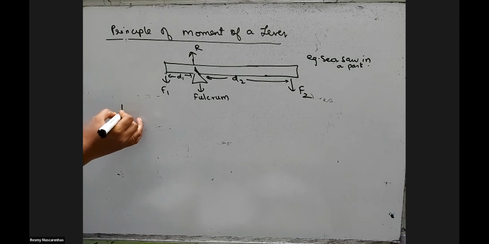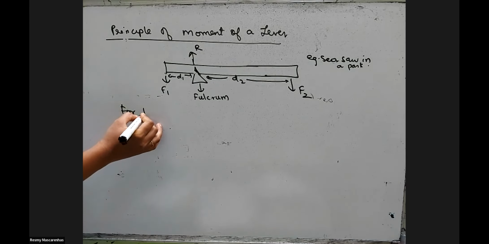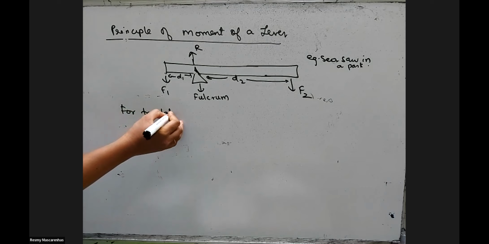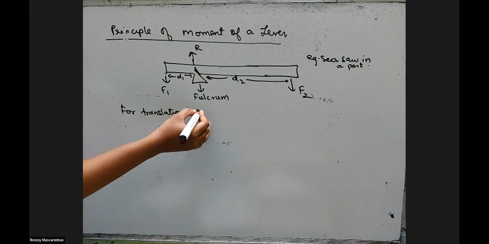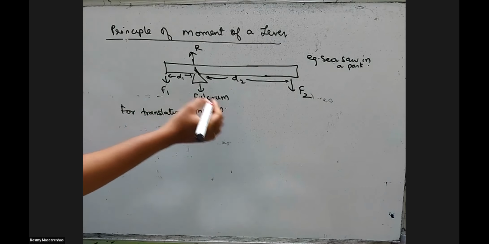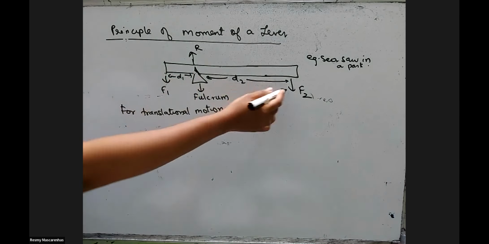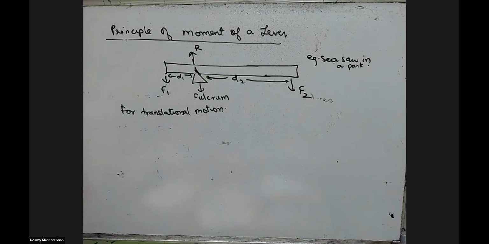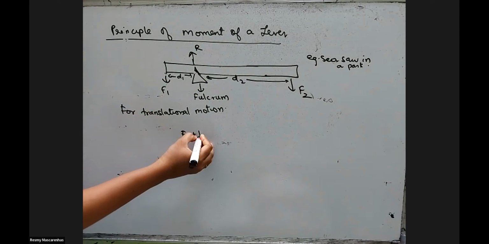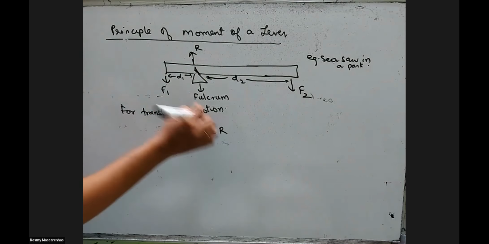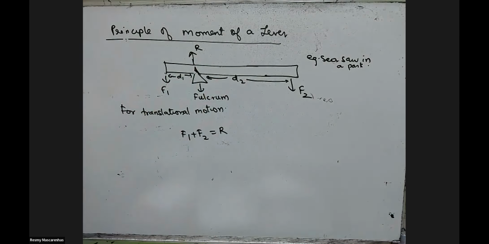For translational motion, for linear motion, normal motion, the forces F1 plus F2 will always be equal to R. Downward forces are always equal to upward forces.